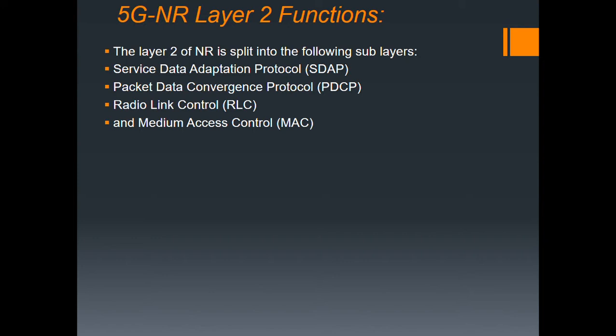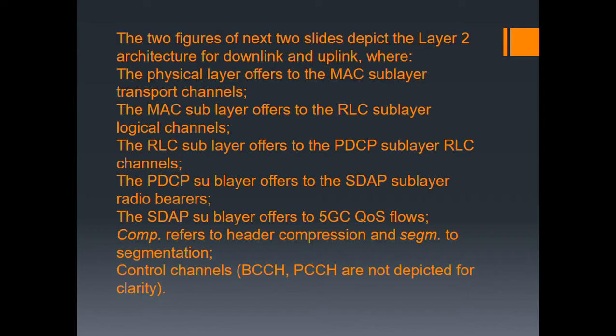So layer 2 functions of the new radio is service data adaptation protocol on top of PDCP, RLC and MAC, which already existed previously. The two figures of the next two slides depict the layer 2 architecture for downlink and uplink, where the physical layer offers to the MAC sublayer the transport channels, and MAC sublayer offers to the RLC sublayer logical channels.